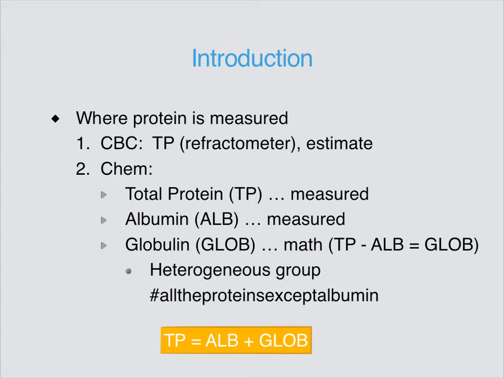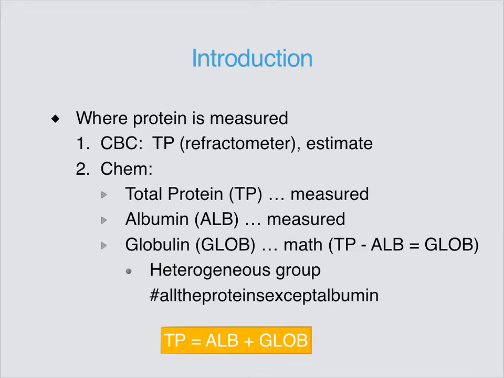So how do we know that that protein might be falsely increased? Well, we also measure the total protein on the chemistry profile. And this is a chemical reaction, and 99% of the time, it's right on point. Every once in a while there will be a measurement that comes out of this that is incorrect, and then it gets published in our clinical pathology journal and discussed at conferences.